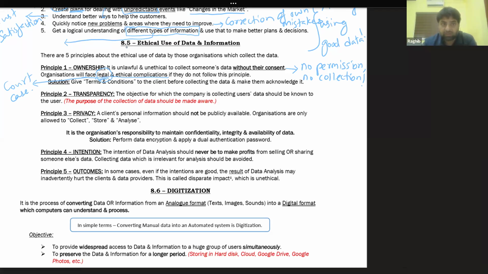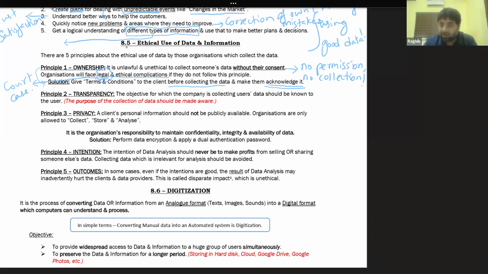So, what is the solution actually? If you want to get it right, if you really want to take the data from someone, and you don't want to get involved in this kind of issues, what is the solution? Give terms and conditions to the client before collecting the data and make them acknowledge it.